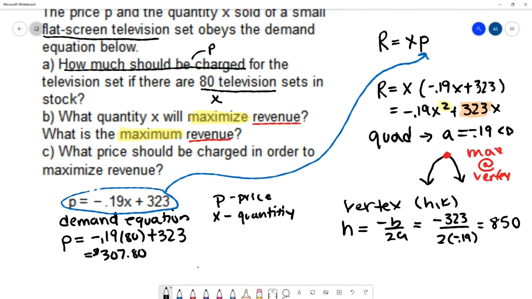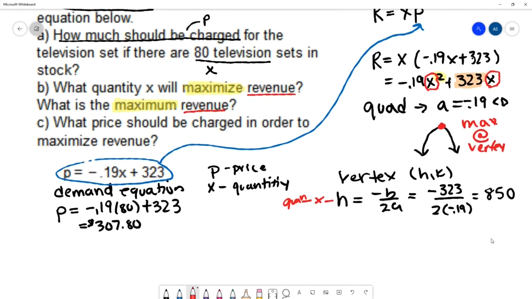So what does that 850 stand for? That variable in our equation is x, and that x stands for the quantity. So we're saying that in order to have the maximum revenue, we need to have 850 television sets.